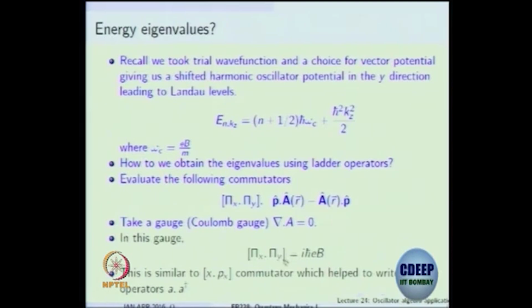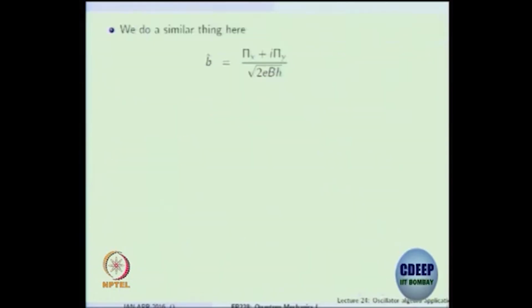So using this, we can try to construct new ladder operators involving pi x and pi y. We take the ladder operators as pi x plus i pi y with this normalization, and similarly the Hermitian conjugate of that.